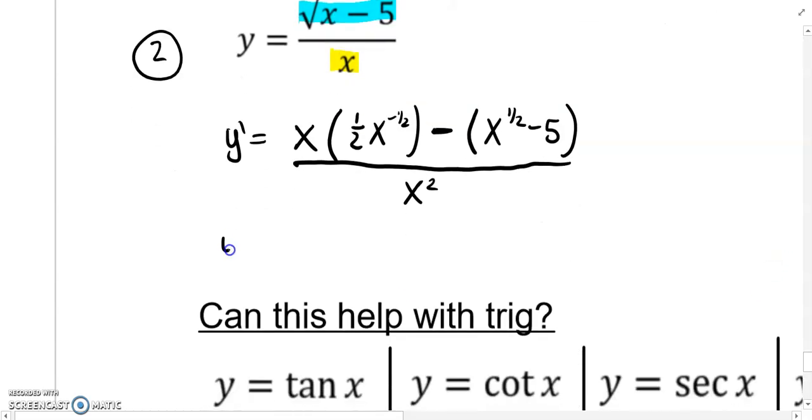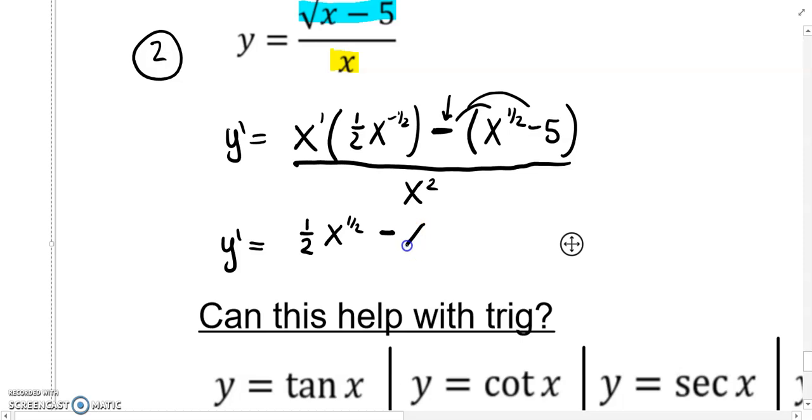So once again, we're going to do a little bit of simplifying here. We're going to get a 1/2. We're going to get an x to the 1/2 because this is a 1 plus a half. Minus, now remember this minus sign right here, you need to distribute that to the entire second half of this. So low d high minus the quantity of high d low. So this is important that we distribute this out.